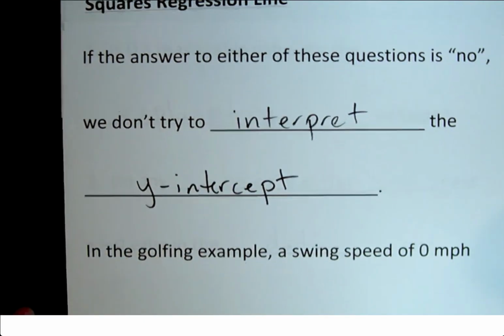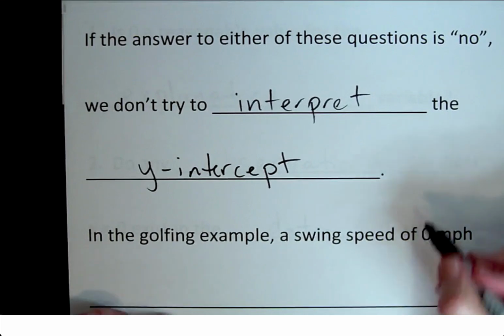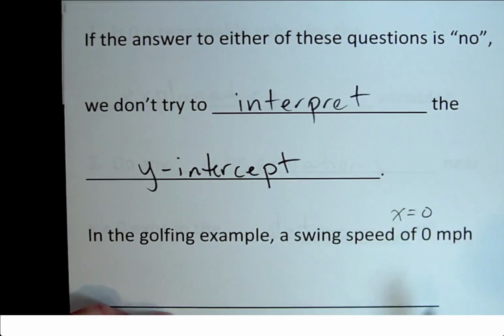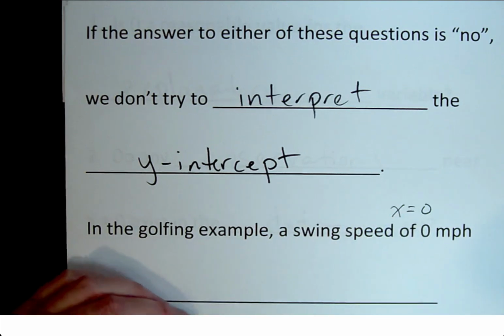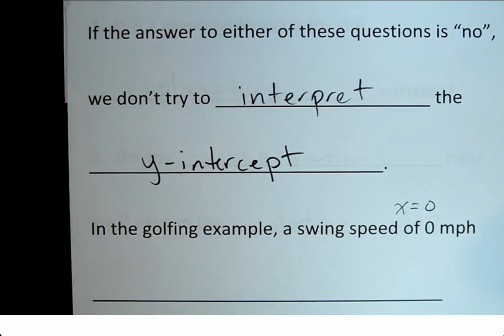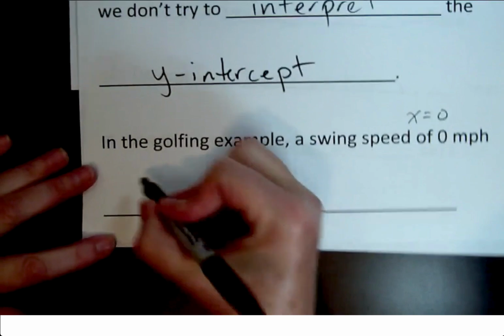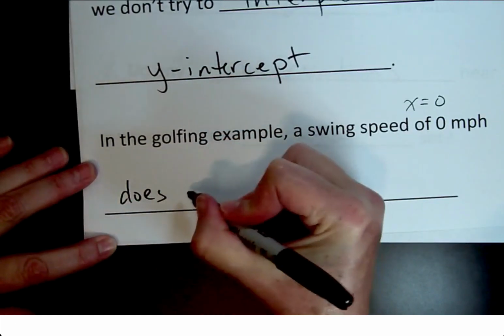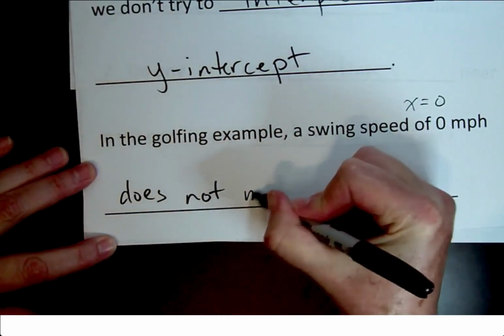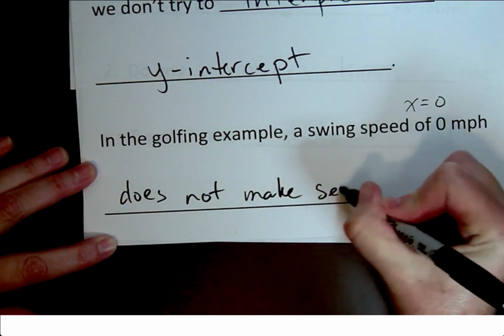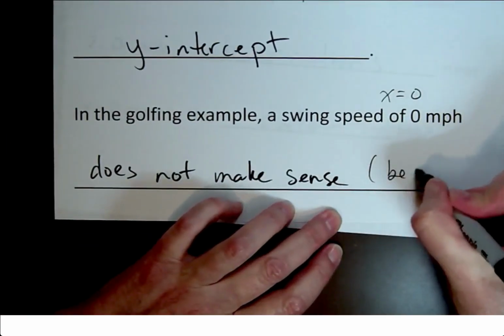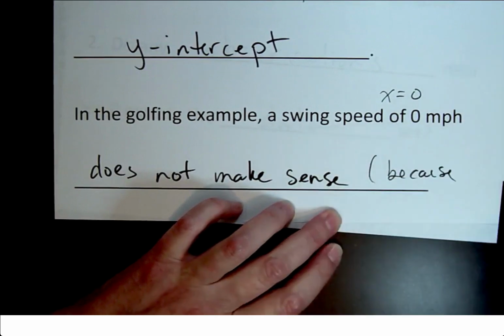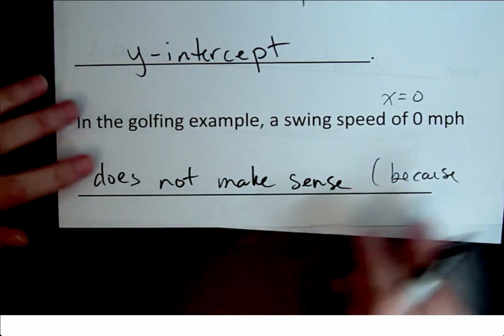So in our golfing example, remember the x represented the swing speed of the club. Saying x equals 0 miles per hour doesn't really make sense. Why is that? Well, because it would mean that the club isn't swinging.